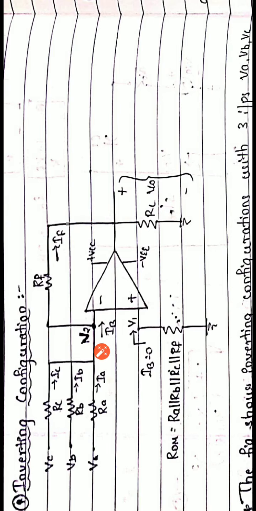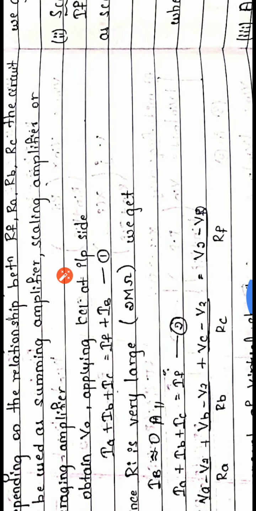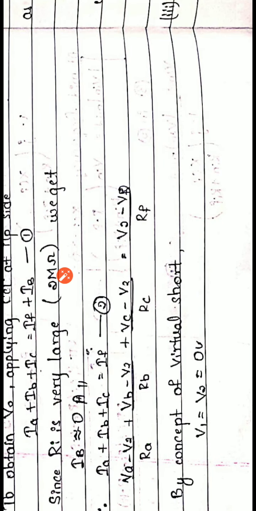IF is nothing but V2 minus V0 divided by RF. So now this is written in equation 2, that is VA minus V2 by RA plus VB minus V2 by RB plus VC minus V2 by RC equals V2 minus V0 divided by RF.